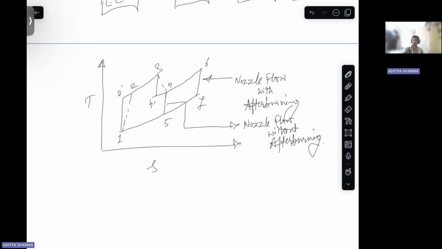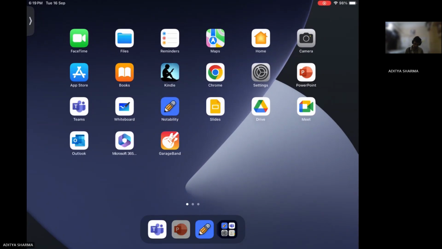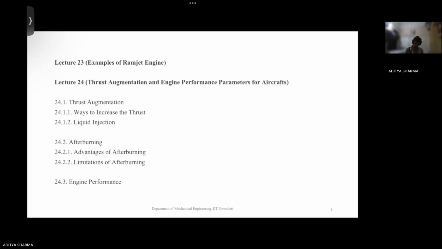And what are the advantages of afterburning? These are the topics.